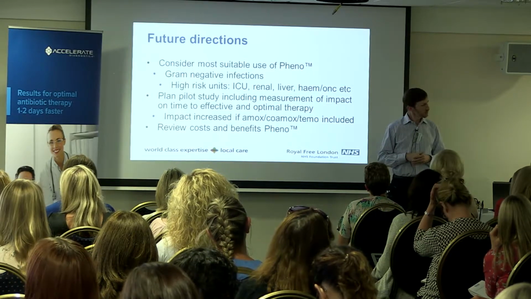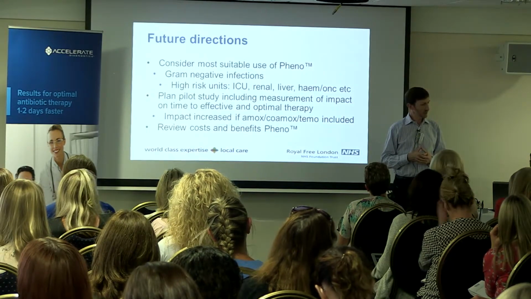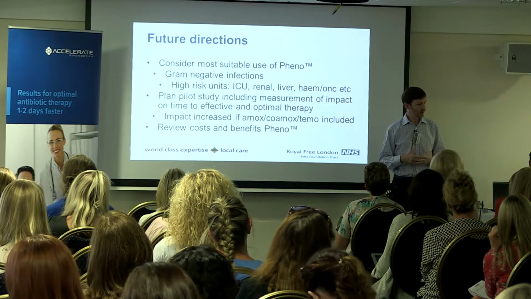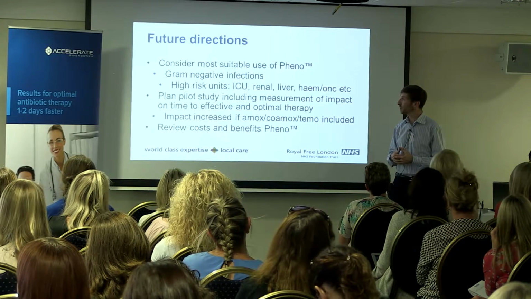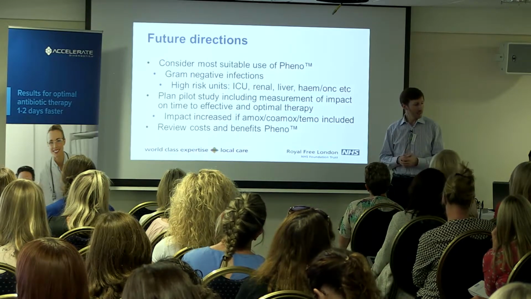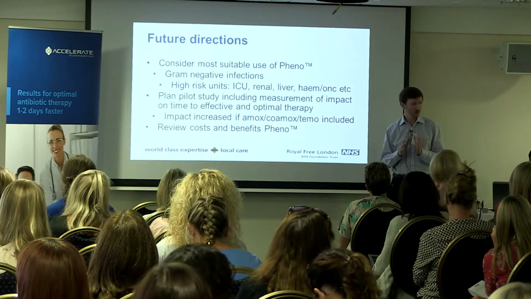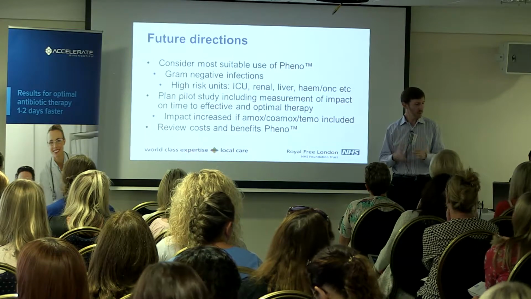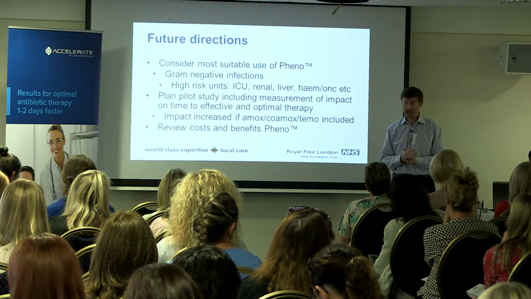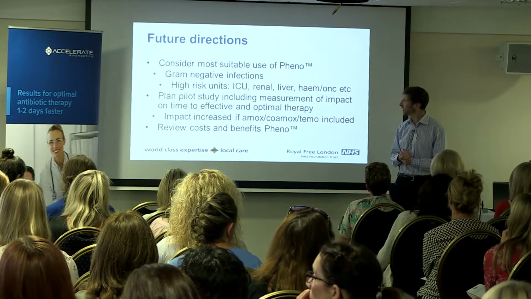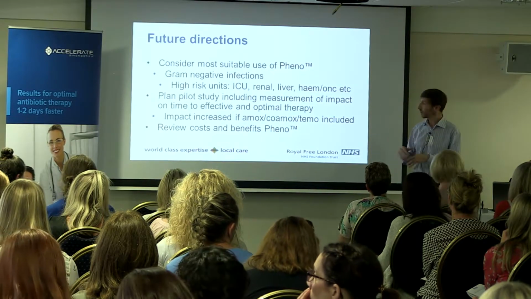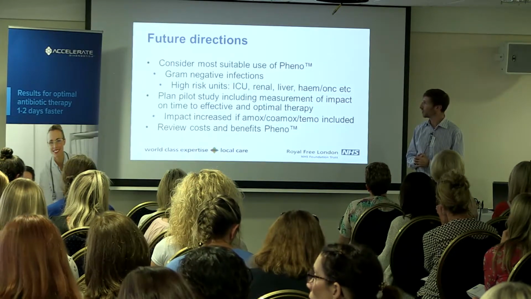And so potentially the biggest impact would be where we had high-risk patients. So for us, that's our intensive care unit, our renal, liver, and hematology oncology units, where, because they're high antibiotic users, narrowing spectrum might have a better impact on the ecology of the unit. So we think the next step is probably to look at these groups, so gram-negative infections in the high-risk units.